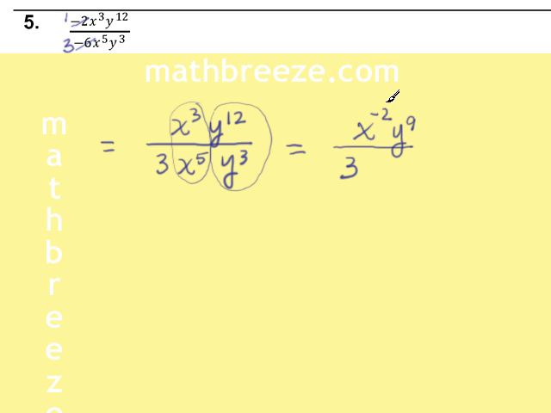And now I would like to leave my answer without negative exponents. So I'm going to take this power of x with the negative exponent and just bring it down to the denominator. And when it comes down to the denominator, it becomes x to the positive 2. So here we have y to the 9 in the numerator, and in the denominator 3x squared.